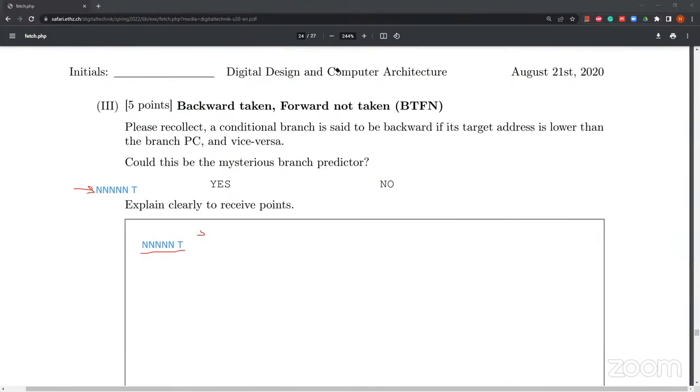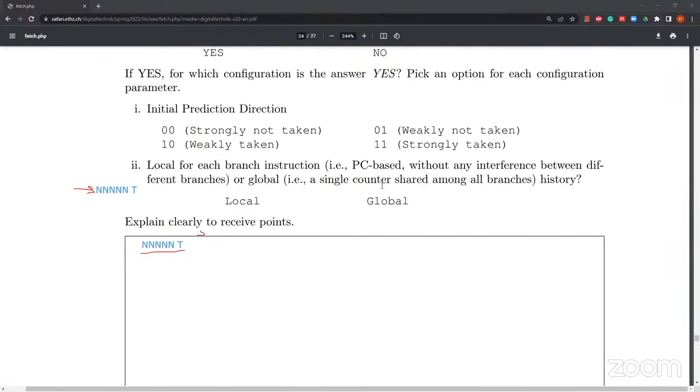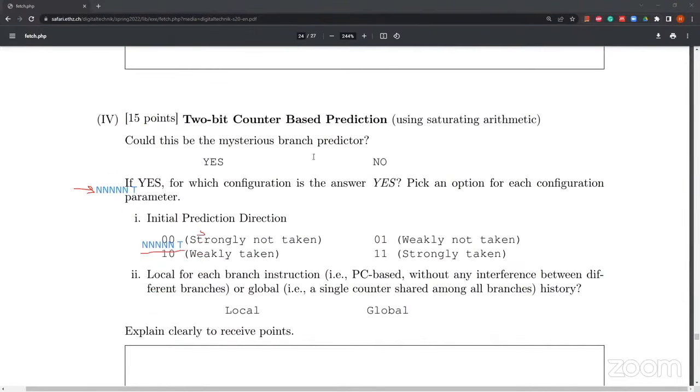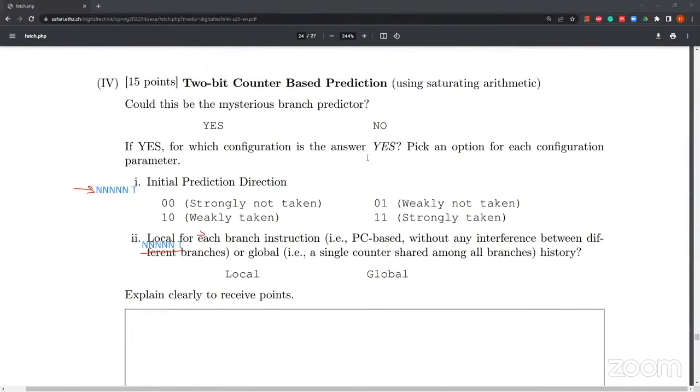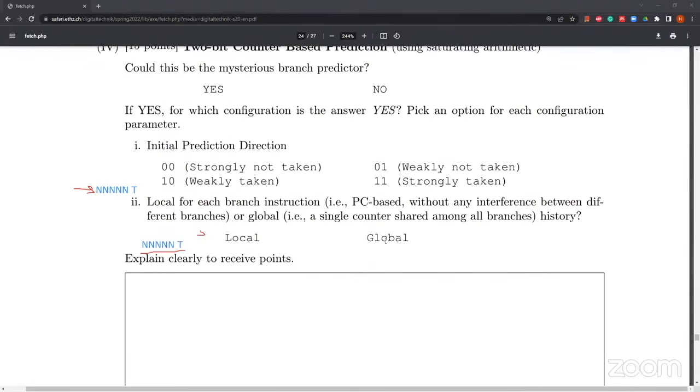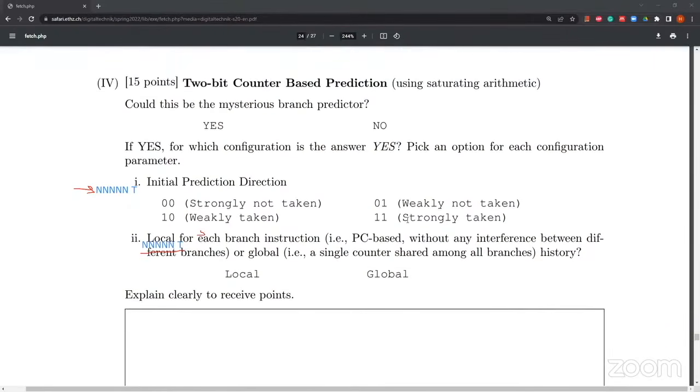Okay, and then this is the last part. This is a 2-bit counter-based prediction. Just to remind you how this works, we have a 2-bit history, so this again can be either local, per branch instruction, or global, shared across branch instructions.